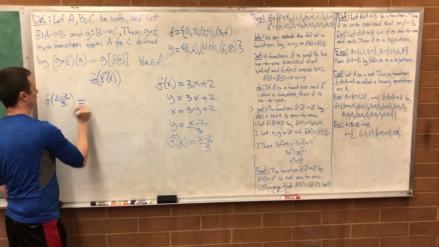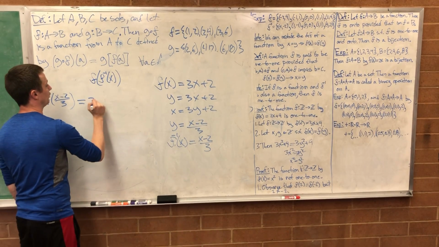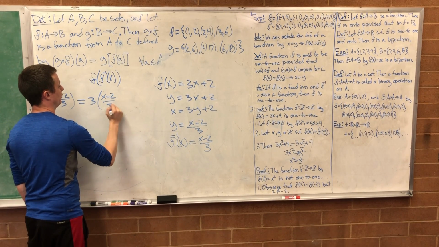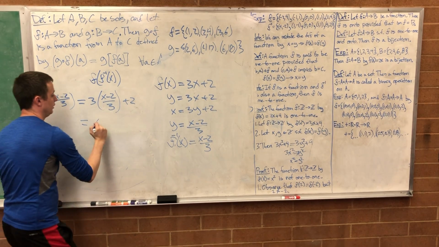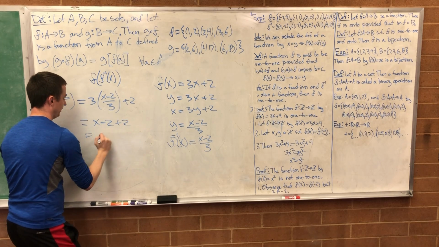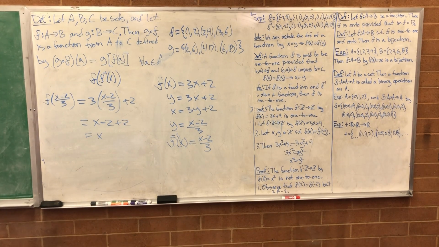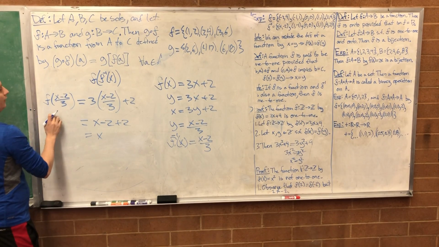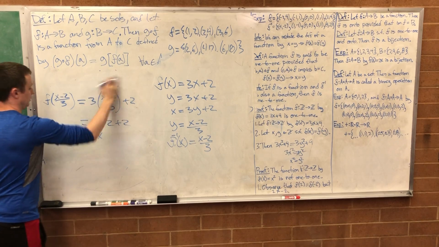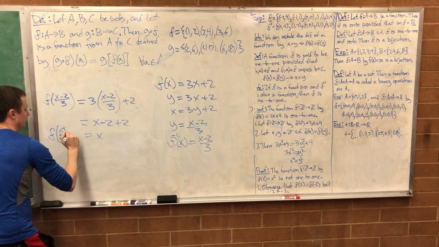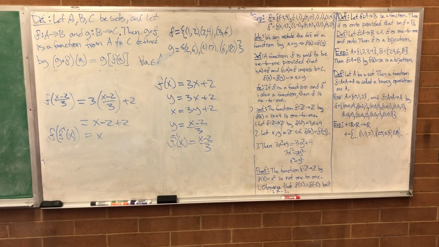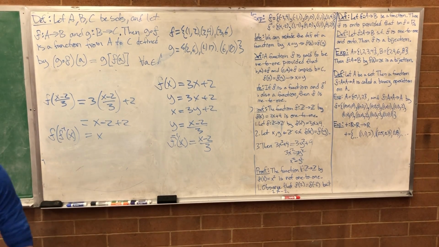And then plugging that in for x, we get 3 times x minus 2 over 3, plus 2, which is equal to, the 3 cancels with the 3, x minus 2 plus 2, which is equal to x. So f of f inverse of x is just x, which is the point we were making.